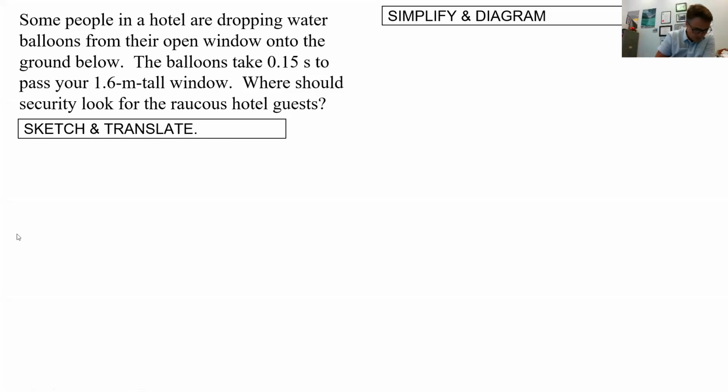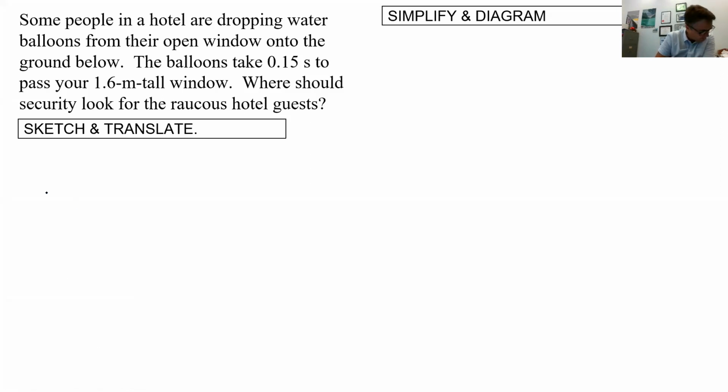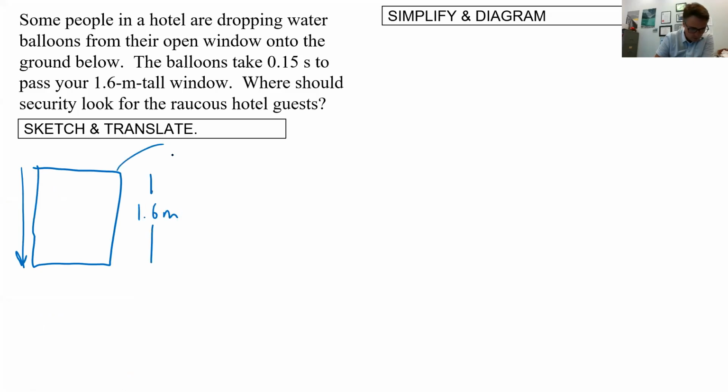Okay, so this one, let's draw what we think is happening here. I think there's a window, which is 1.6 meters high, 1.6 meters from here to here. This is the window. And what's happening is that there's a water balloon which starts at the top and then goes down to the bottom. It's going to have some speed V1 and some speed V2.